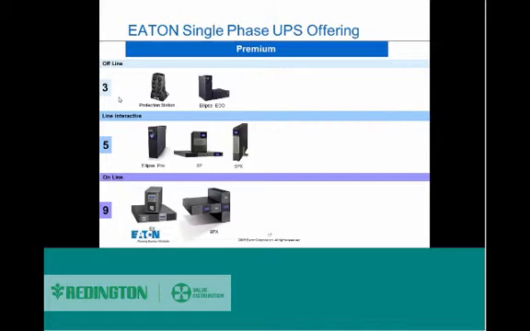So 9 means this can basically solve all the power problems or issues usually there, and that's the highest range or category of single phase. In the single phase category, these are the highest models available for power protection.